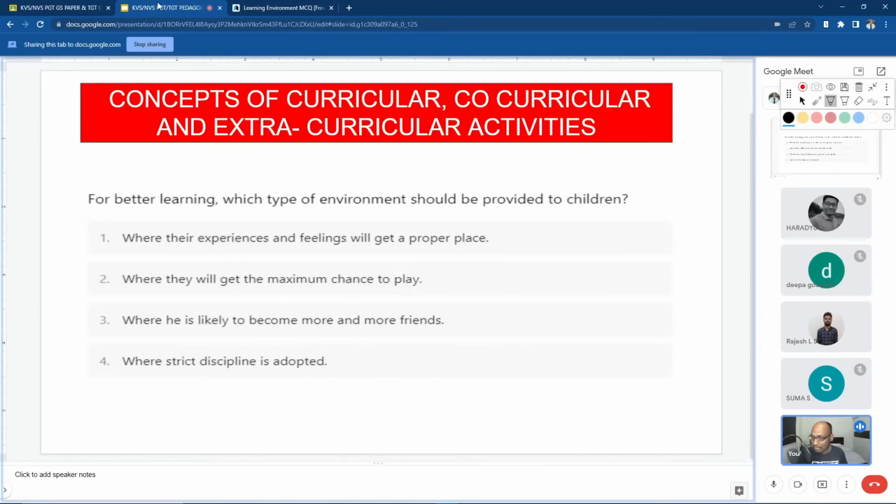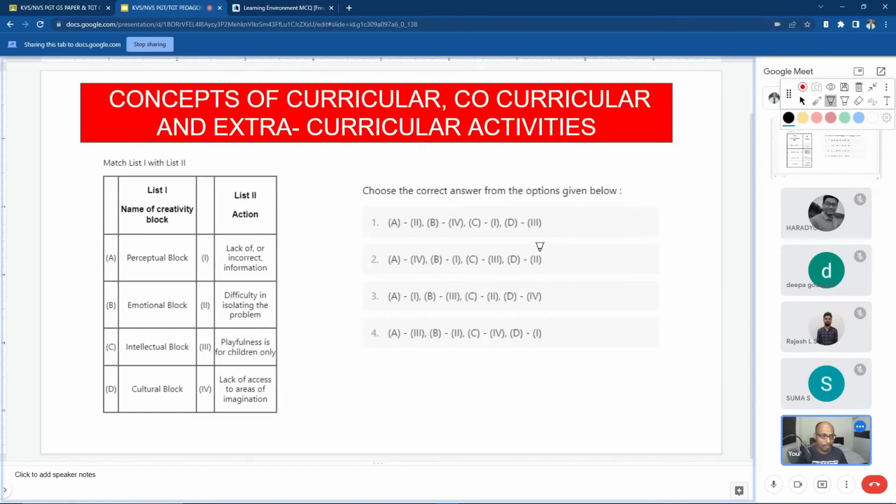The right answer is where their experiences and feelings will get a proper place. Whatever the experience and whatever the feeling expressed, they should get a proper place, due recognition. That is for better learning. Next question.